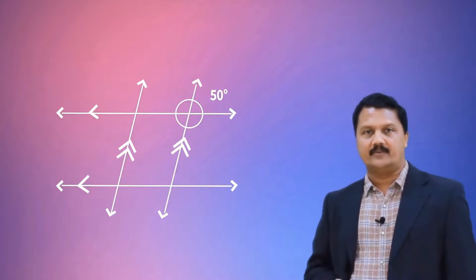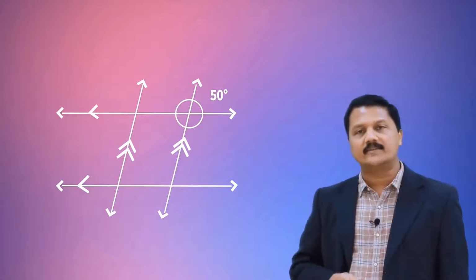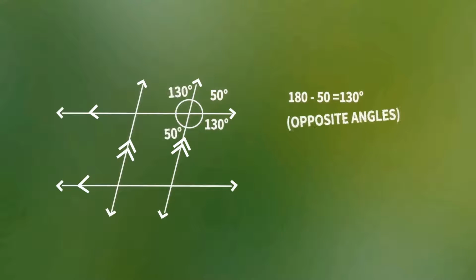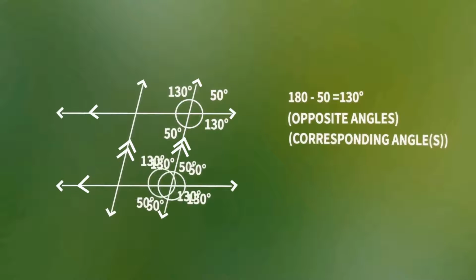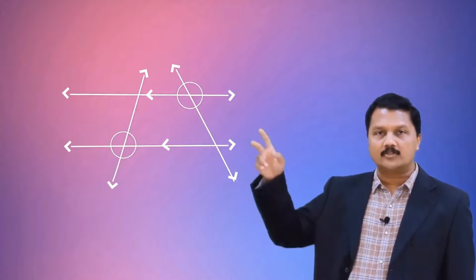What about this figure? Only one angle is given. Can we find all other angles by using the rules we studied? Let's see. In this one, only two horizontal lines are parallel.